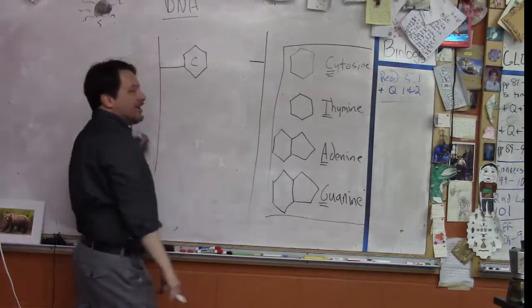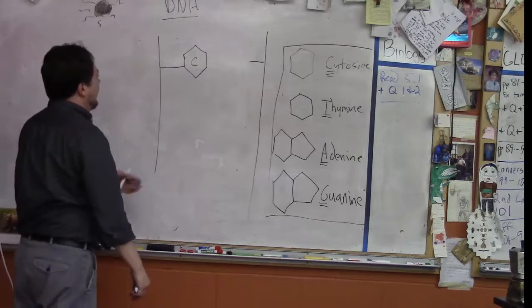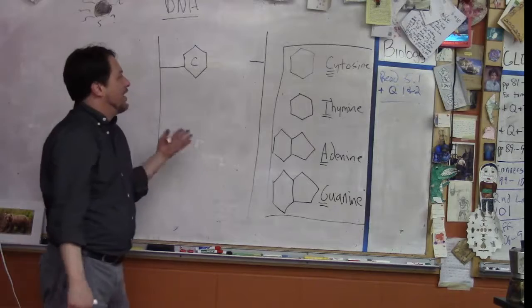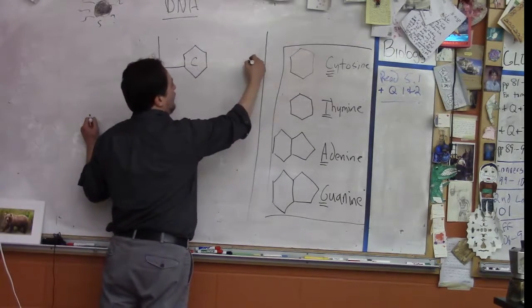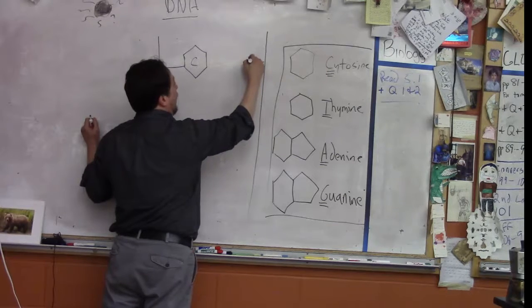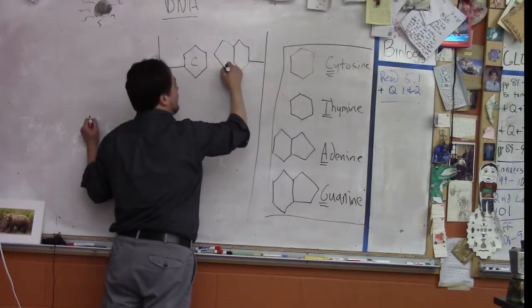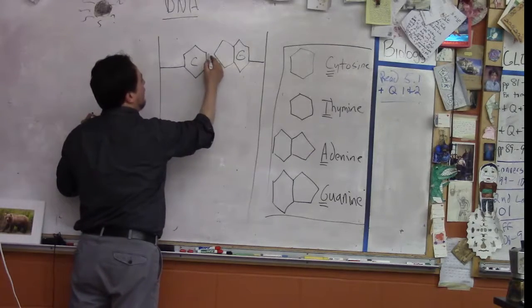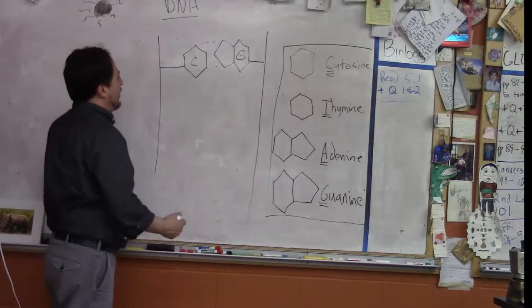You know how I told you that these two aren't actually connected to each other by a chemical bond? They are attracted to each other, and this is why. So C only matches with C, is that what you're saying? No, C actually only matches with G. So here's G. And it's because they hydrogen bond to each other, the different parts that stick off of them attract each other.